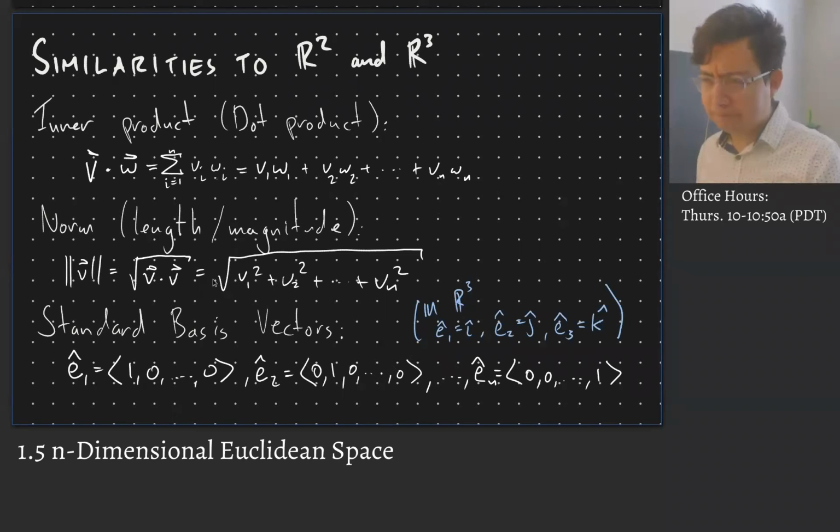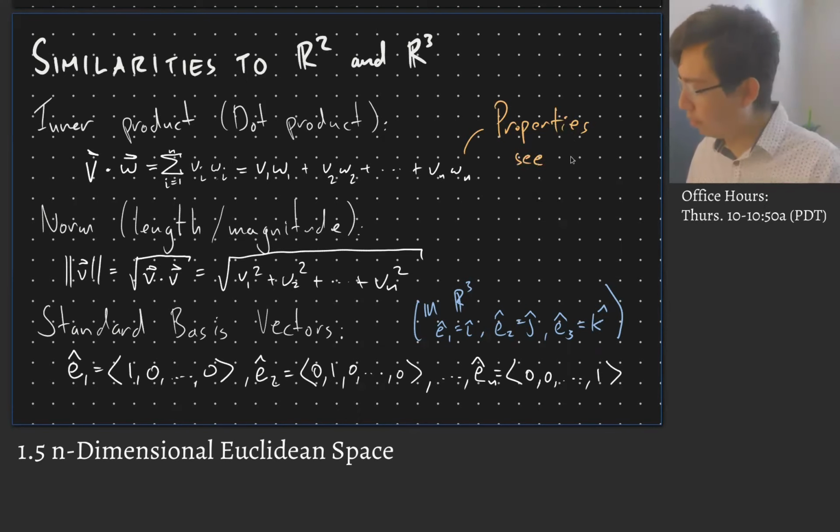I wanted to focus a little bit on the dot product now that I have all of this written down, and mention just in passing, because I don't want to run out of time, that the dot product has certain properties that work in 2 and 3 dimensions, but they also work in higher dimensions. I don't have time to go through all of them.